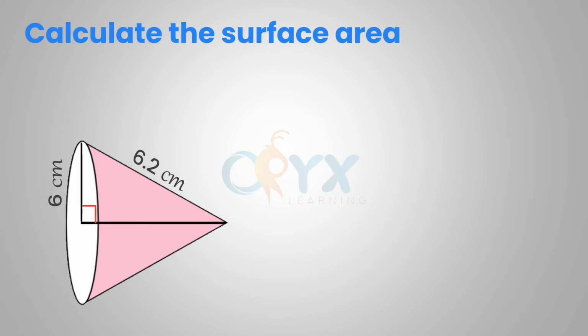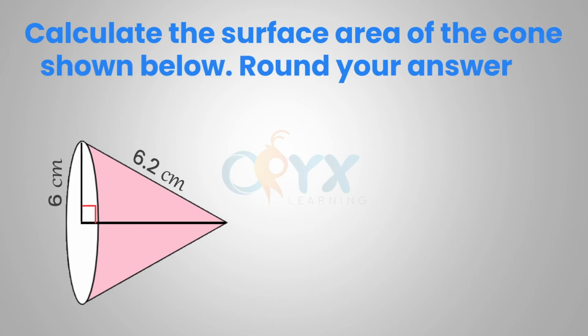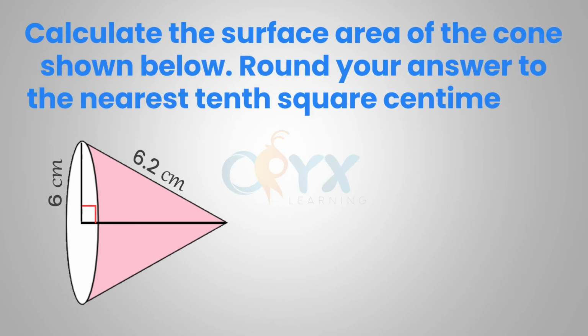Calculate the surface area of the cone shown below. Round to the nearest tenth square centimeter. So our surface area formula is again SA equals pi r L plus pi r squared. In the diagram, we can see that the radius is 6 and the slant height, the L, is 6.2.